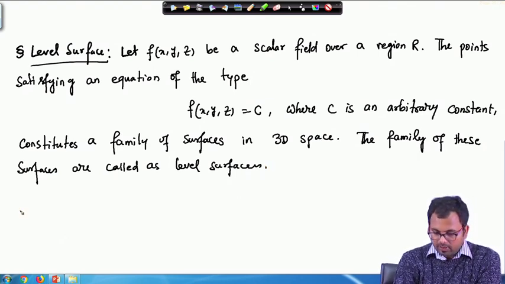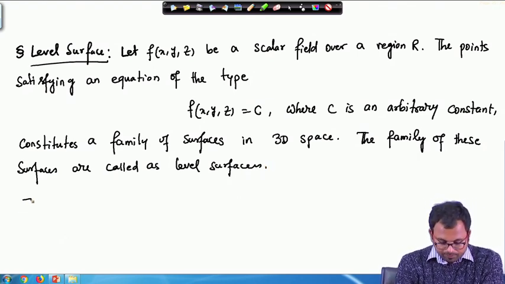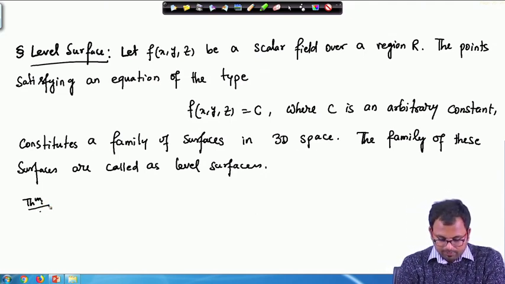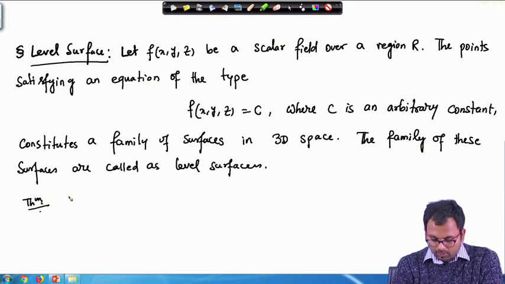Now, there is a very small result in this regard. The result goes like this. This is a small theorem.